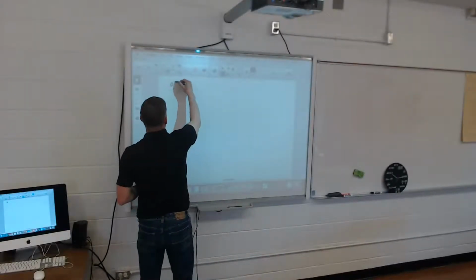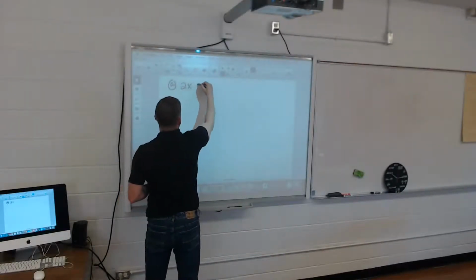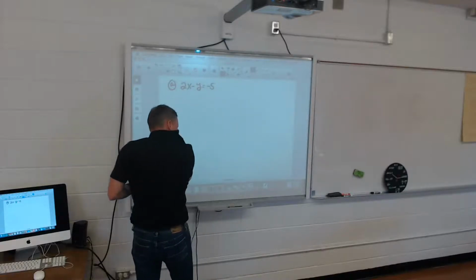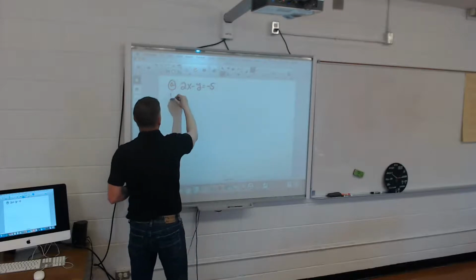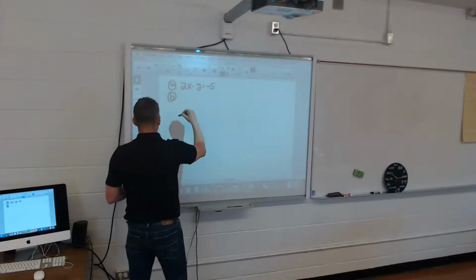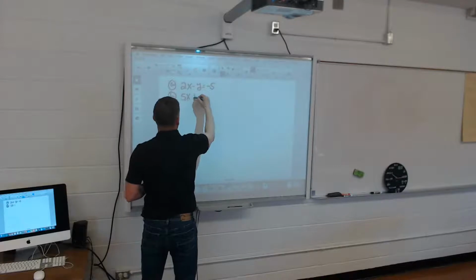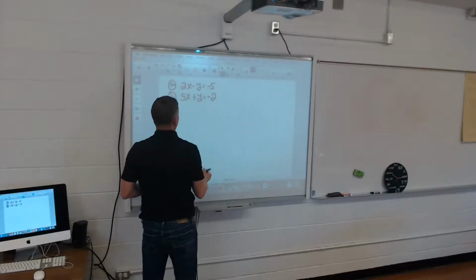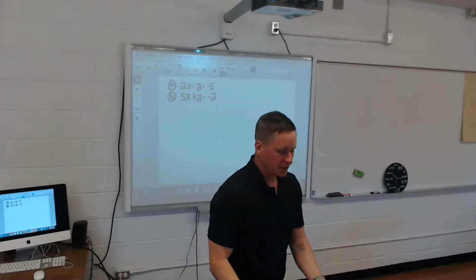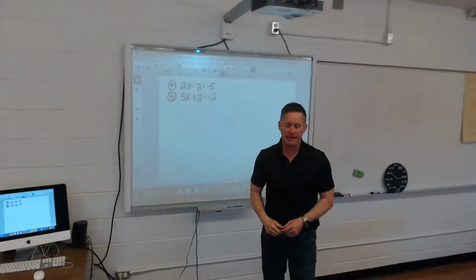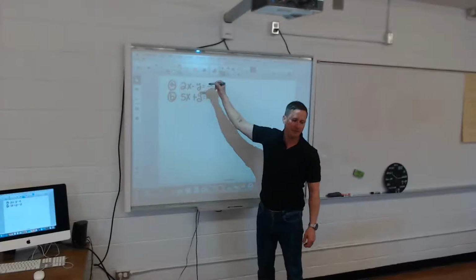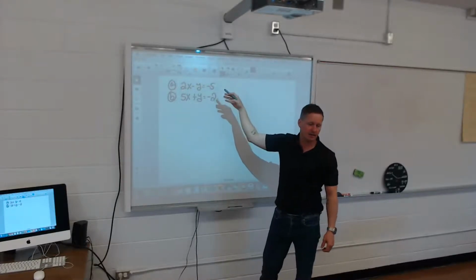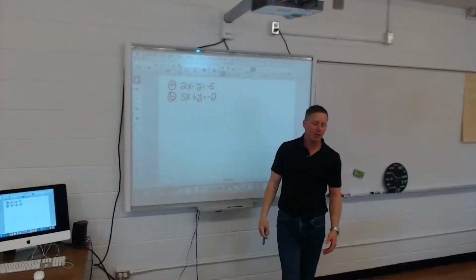So I've got A, excuse me, B. So the elimination method, the first thing I need to know is that I have to have them in the same order. So it's got to be X, Y, and then the constant on the right side is usually how you want to do it.